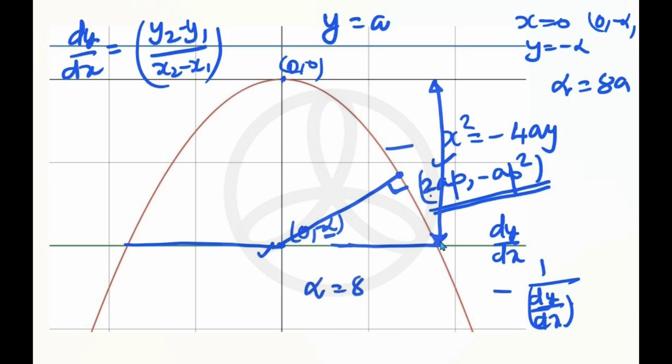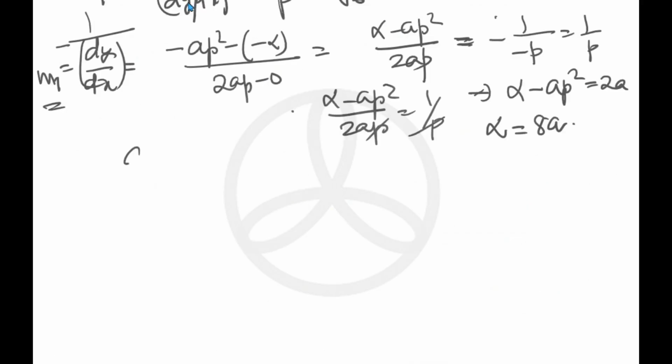So that is the distance we have to take. x square is equal to minus 4a times y, where y is alpha, and alpha is minus 8a.